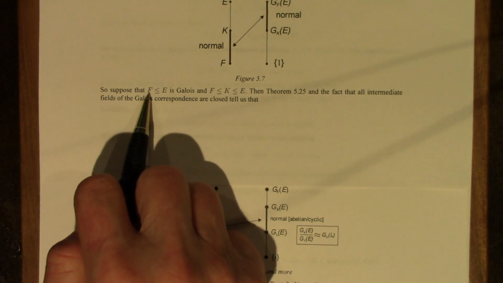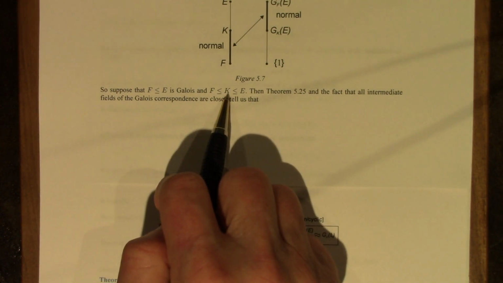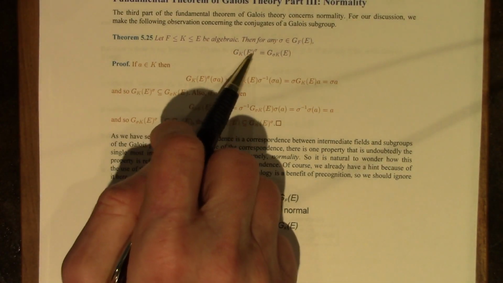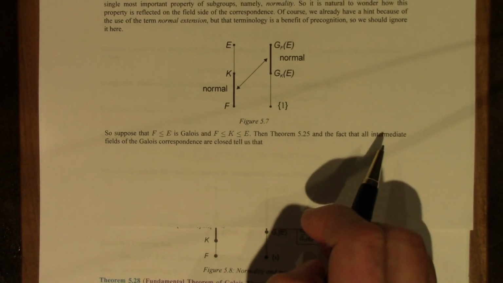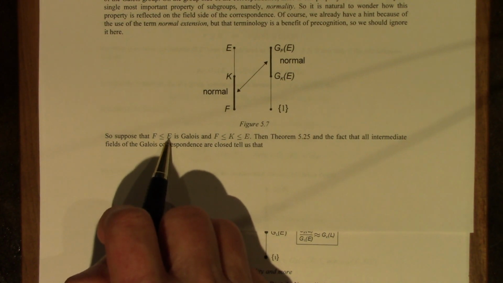So suppose that F/E is a Galois extension and K is an intermediate field. Theorem 5.25, which we just discussed here, the conjugate of a Galois subgroup, and the fact that all intermediate fields of the Galois correspondence are closed because we have a Galois extension.